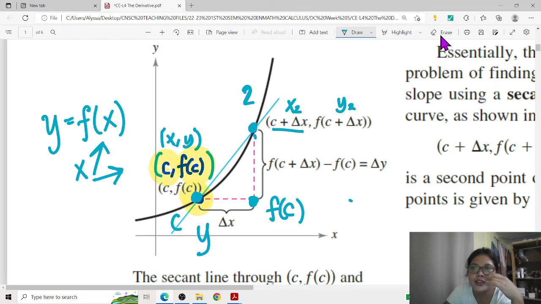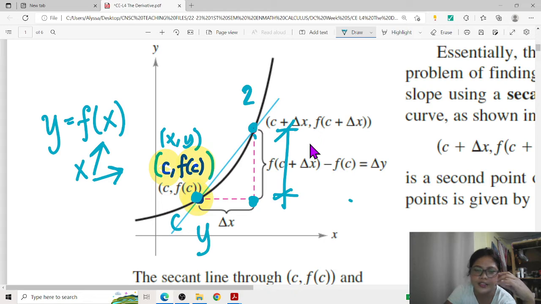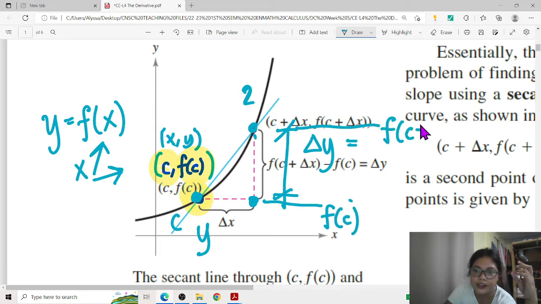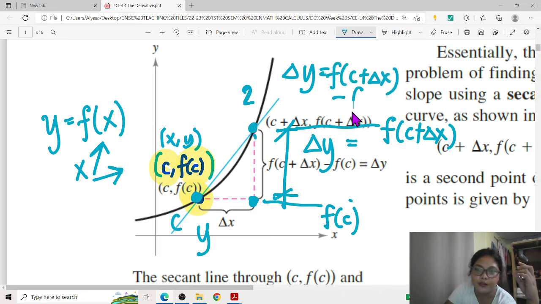So, ibig sabihin din, to get the y variable, so, to get the y height or y prime ay delta y. So delta y is just simply kung ilan to, diba dito if f of c, tapos kung ang height nito ay f of c plus delta x, so ang magiging delta y mo is simply f of c plus delta x minus f of c.